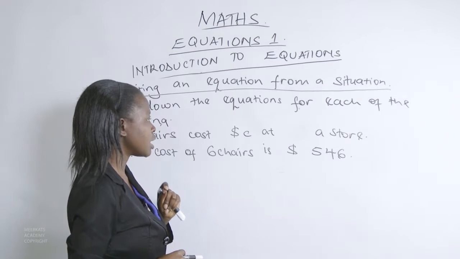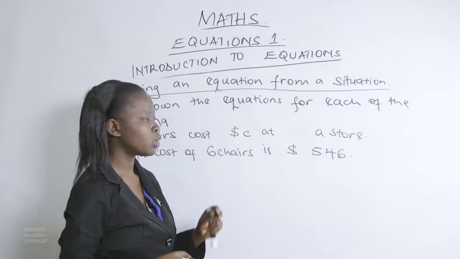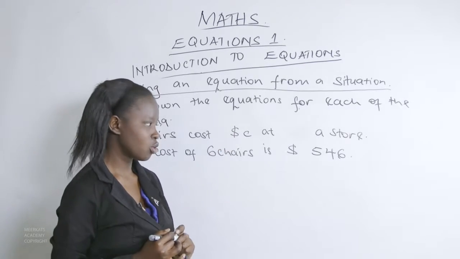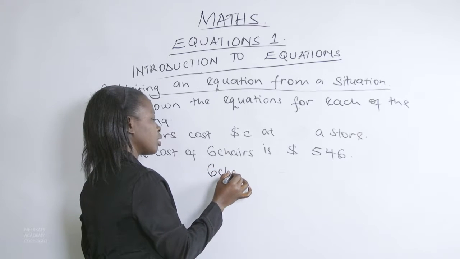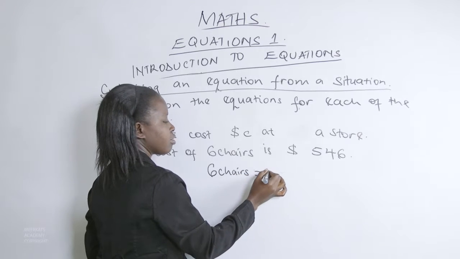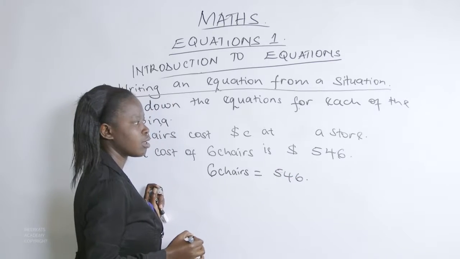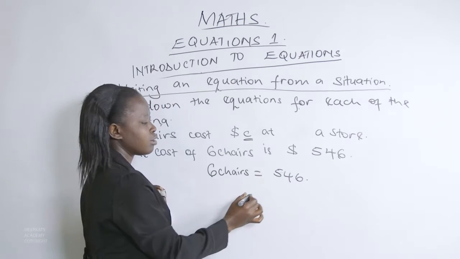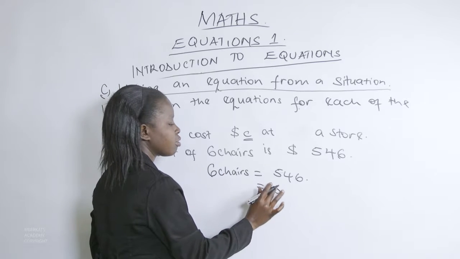So we need to write an expression that is showing this given situation. So if 6 chairs cost $546, how many chairs do we have for the $C?